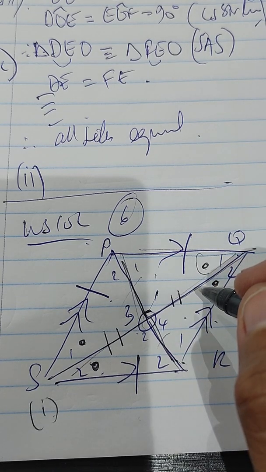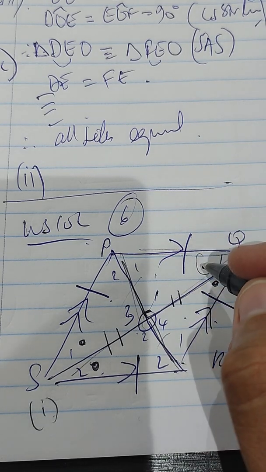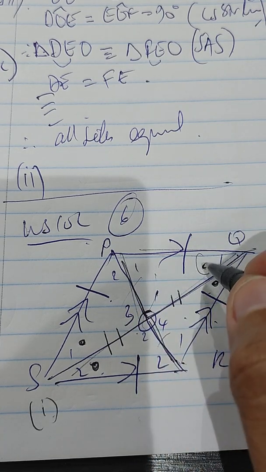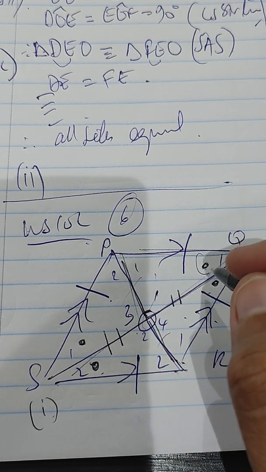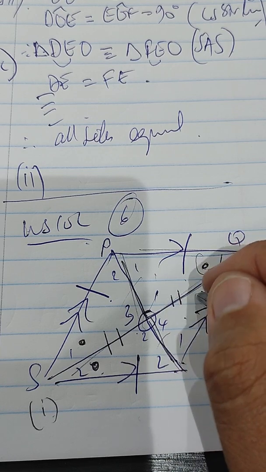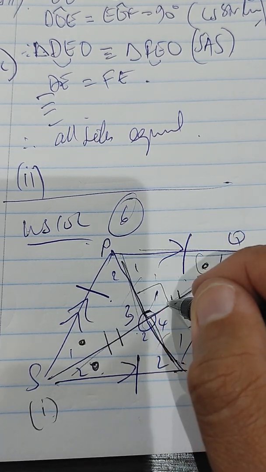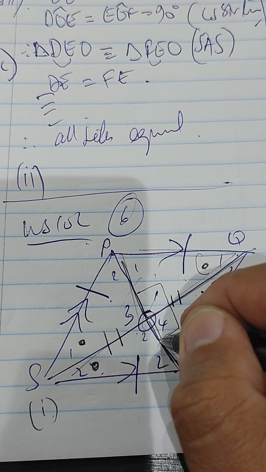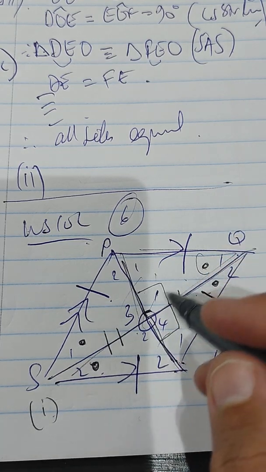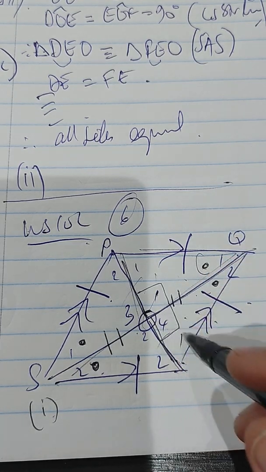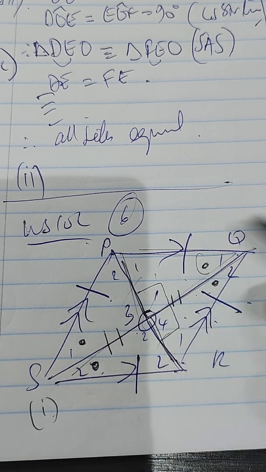Then diagonals bisect at right angles. If those angles are all equal, since it's similar, not similar, but congruent triangles, O1 is equal to O4. Why? The two triangles are congruent. So if the angles are the same and the two angles are on the straight line, they had to be 90 degrees each. Okay.